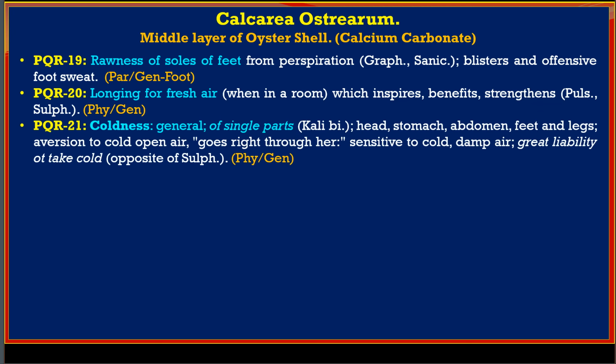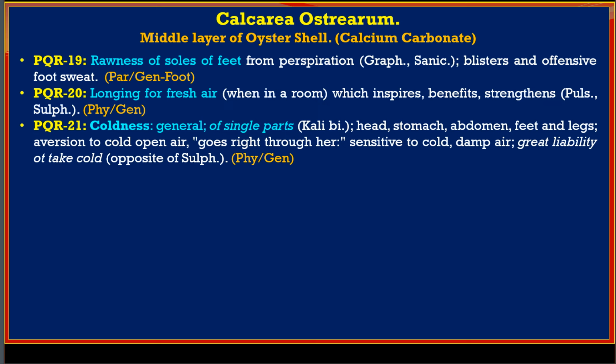Now PQR 21 tells us coldness general of single parts. Either coldness in general is there or even in single parts like vertex, head, stomach, abdomen, feet and legs. Aversion to cold open air goes right through her.